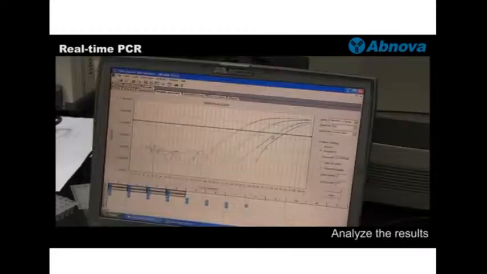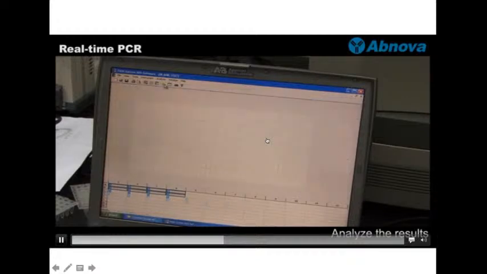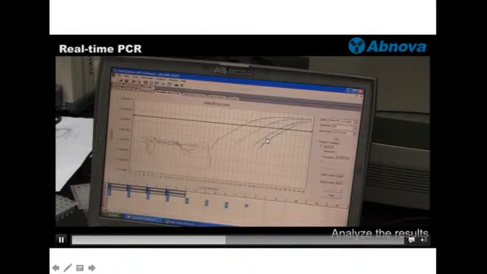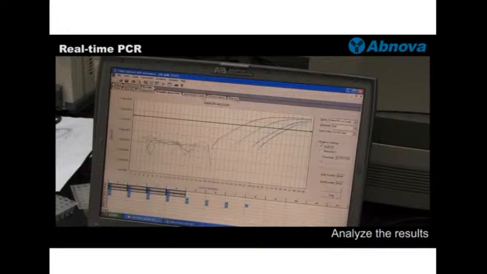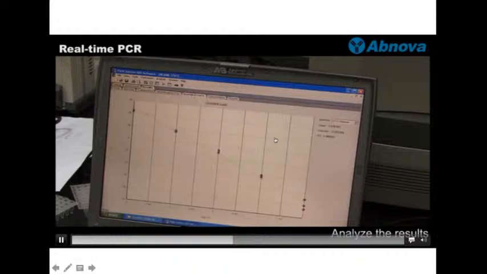So you analyze the results afterwards. These are the peaks that are coming. And then you will have the corresponding values of the 6 samples that you have added.